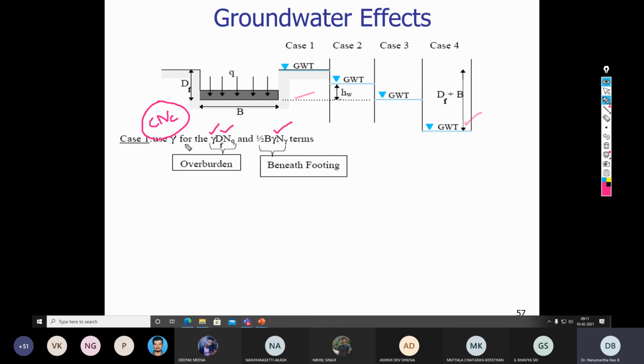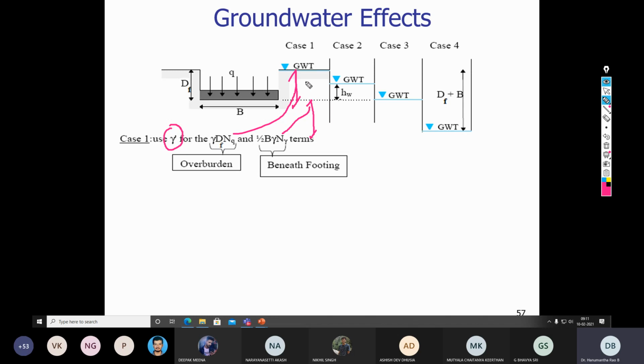In case 1, where the groundwater table is right at the ground surface, use gamma dash for gamma Df Nq and half gamma B N gamma. In both terms, replace bulk gamma with submerged gamma, because the first gamma is pertinent to the foundation level, while the second gamma is pertinent to below the footing.